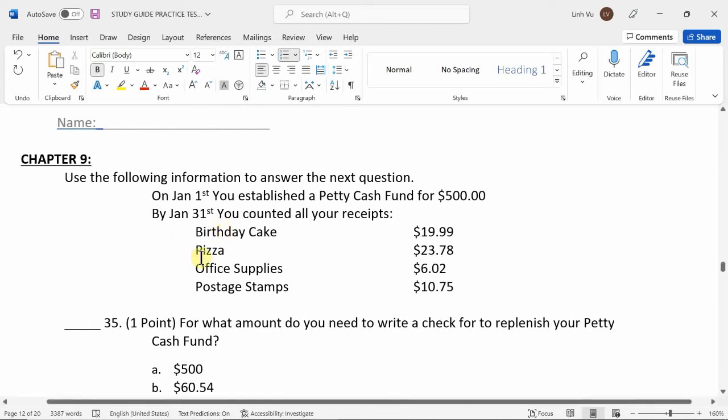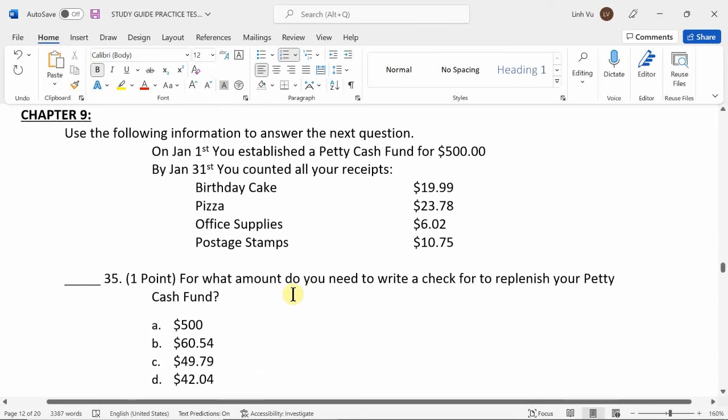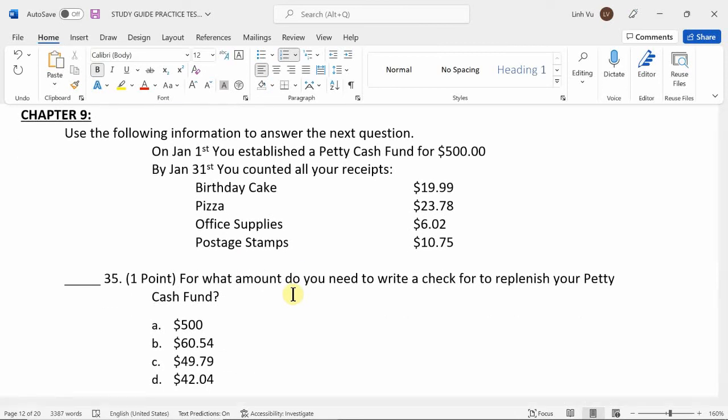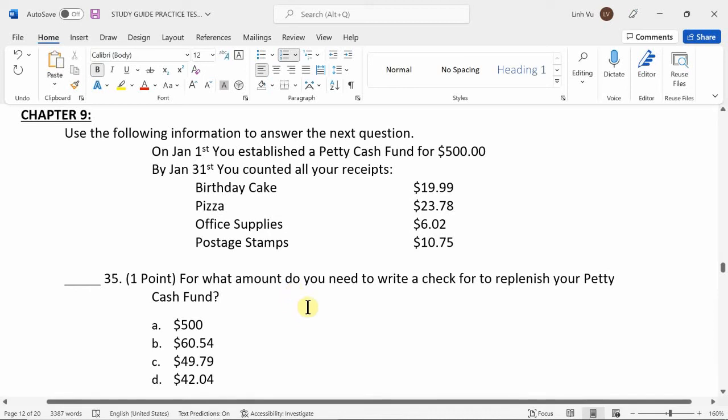You purchased a pizza for $23.78. You purchased office supplies for $6.02. And last but not least, you bought postage stamps for $10.75. So, question number 35 asks you, for what amount do you need to write a check to replenish your petty cash fund?